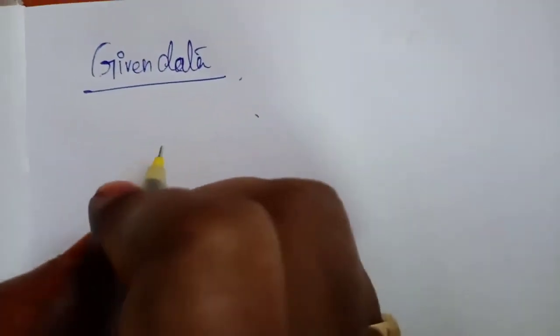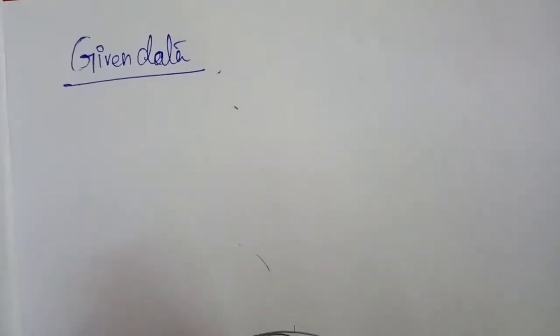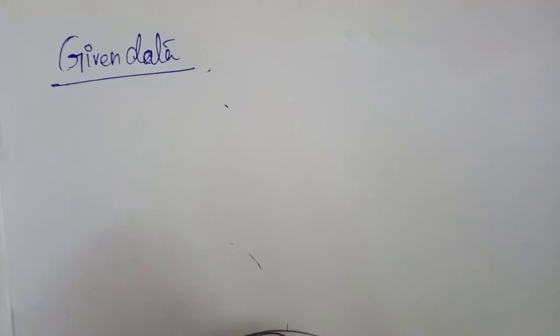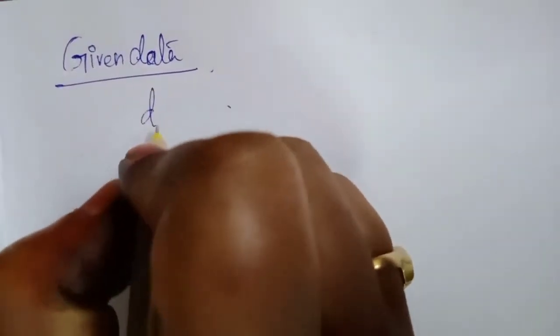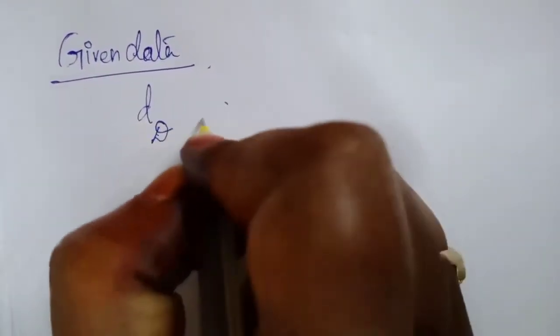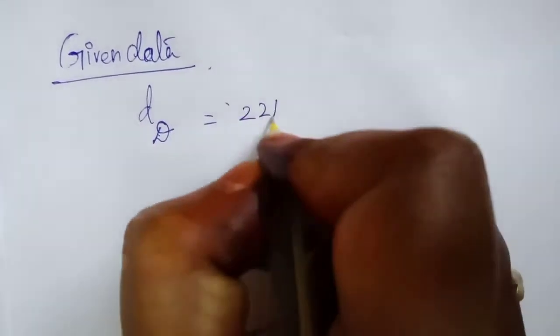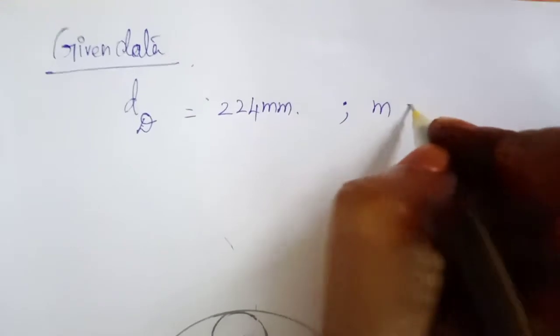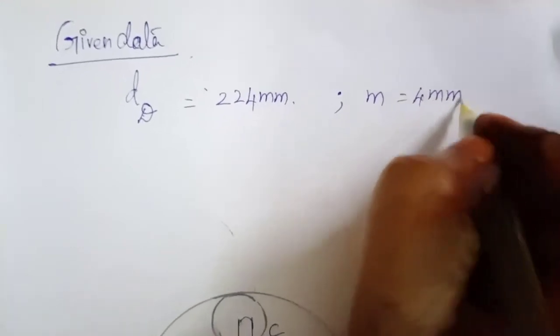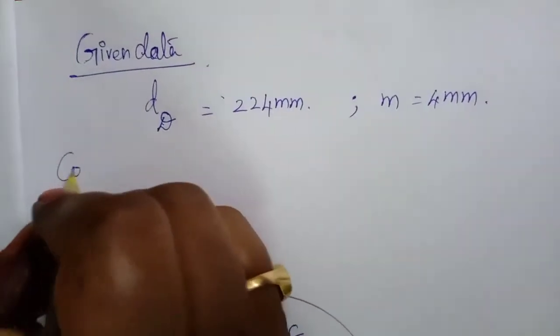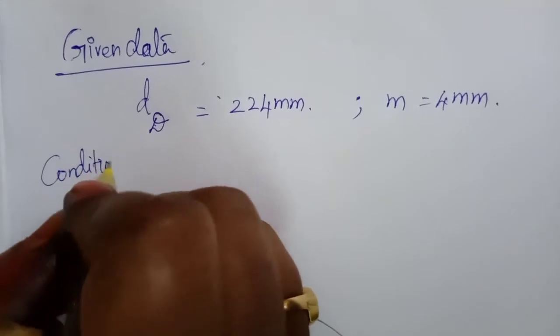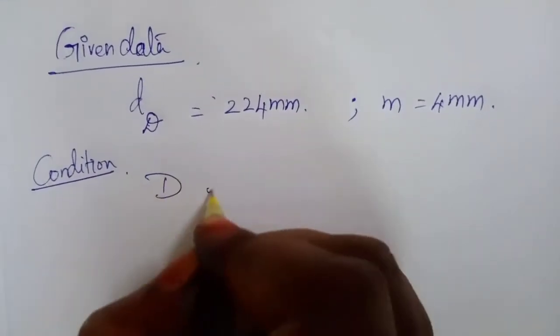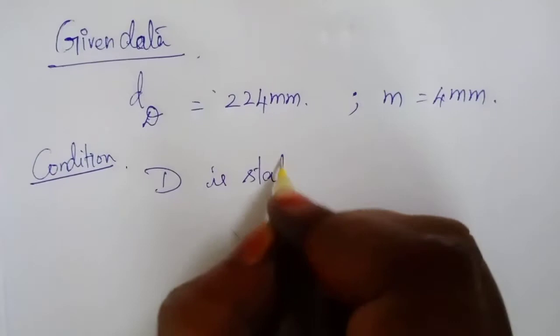And now the diameter of the stationary gear or internal gear D, capital D, is equal to 224 mm, and the corresponding module is 4 mm, and the condition is D is stationary.